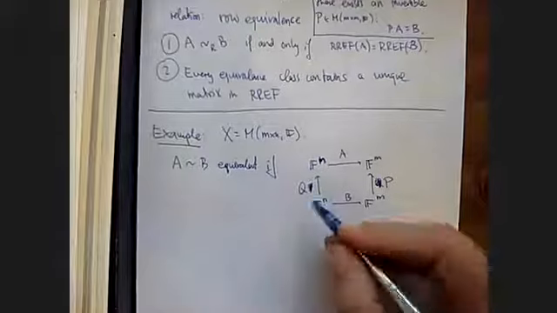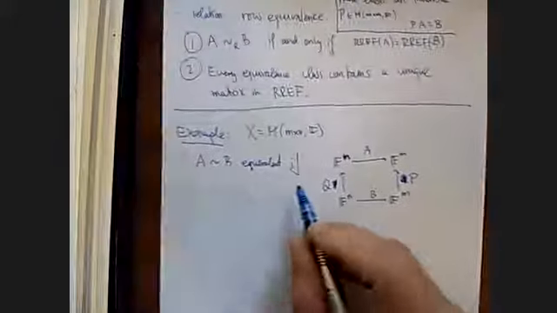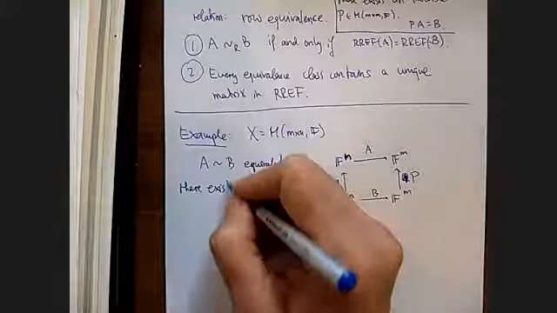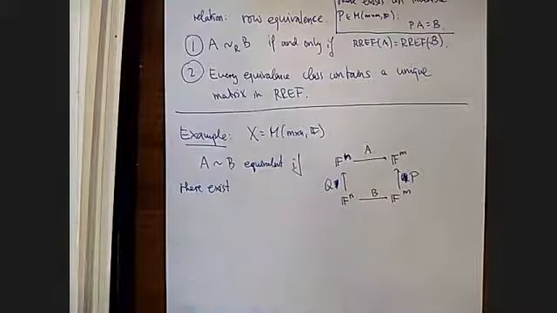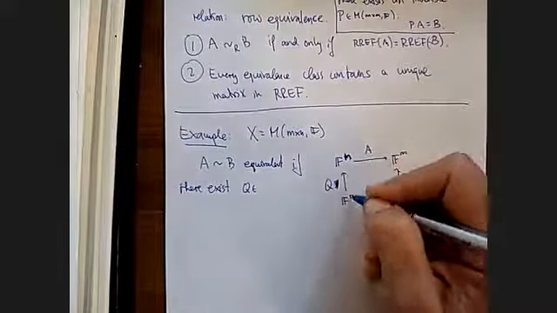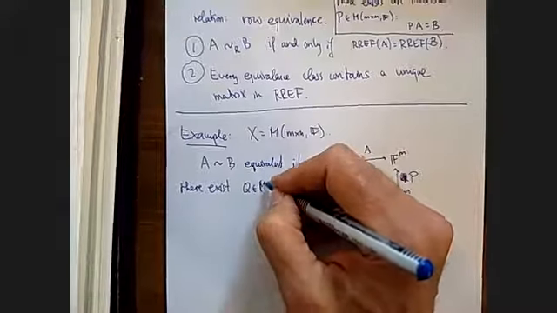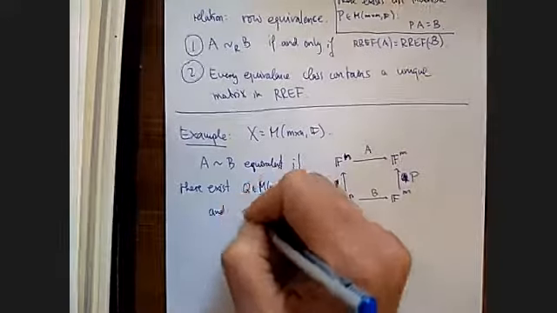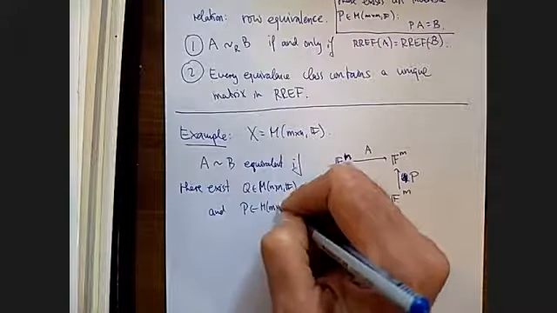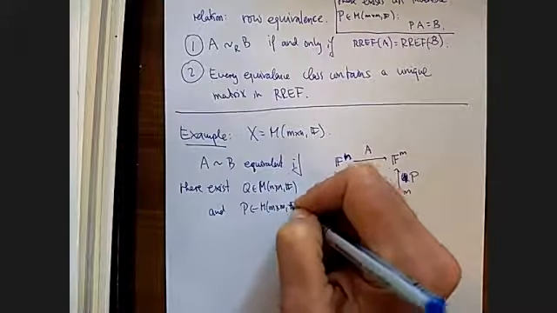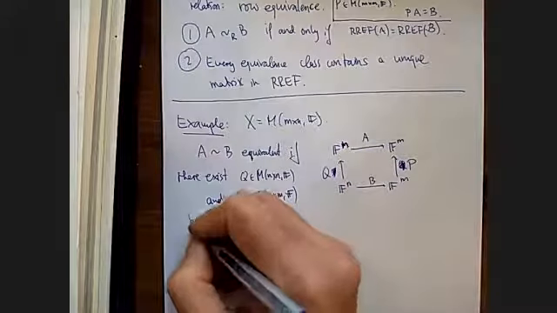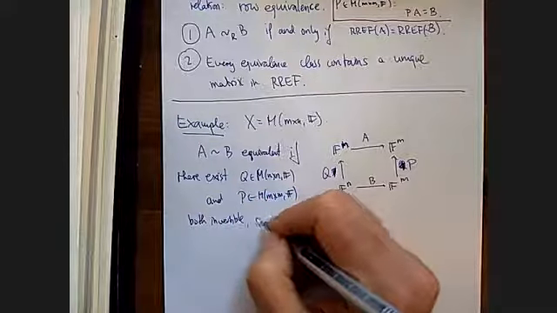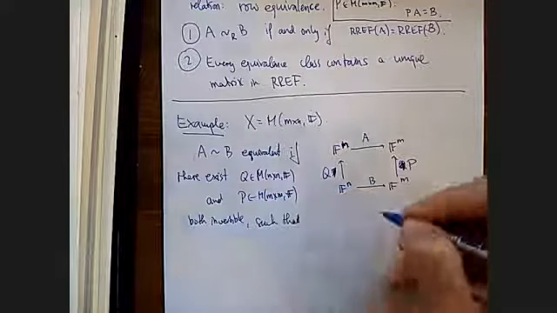So A and B are equivalent if there exists Q, an n by n matrix, and P, an m by m matrix, both invertible, such that this diagram commutes.